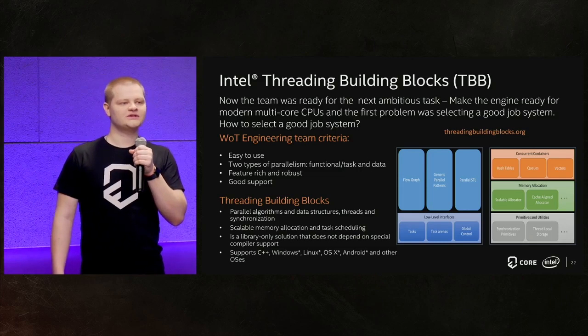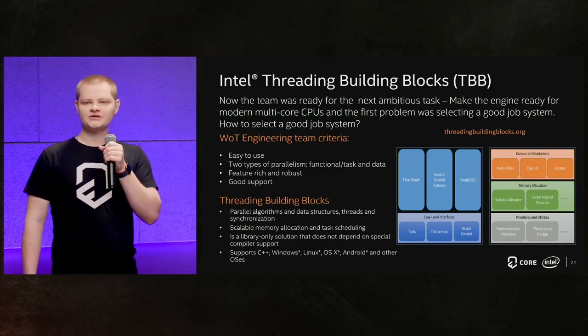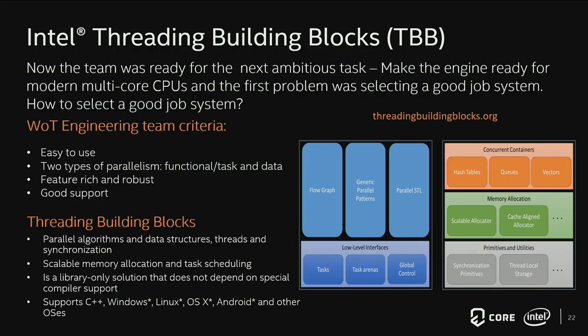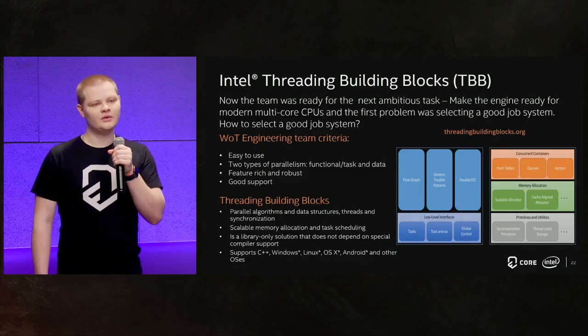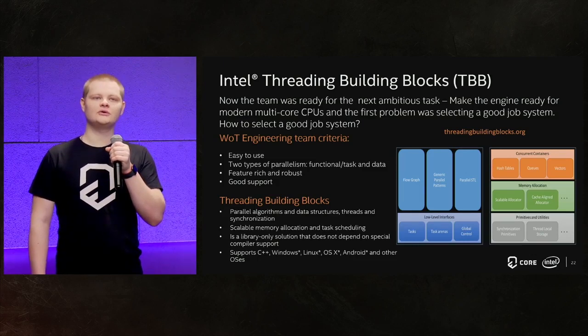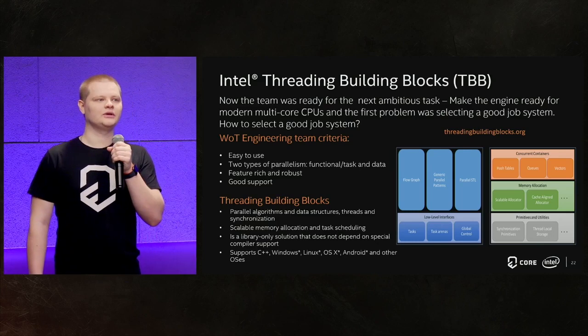The API was easy to use, supported both functional and task-based parallelism, had robust and rich functionality, and the main point, great support from the developer team at Intel. It is also supported on various platforms and fully open source, so it's an open door for moving to other platforms.